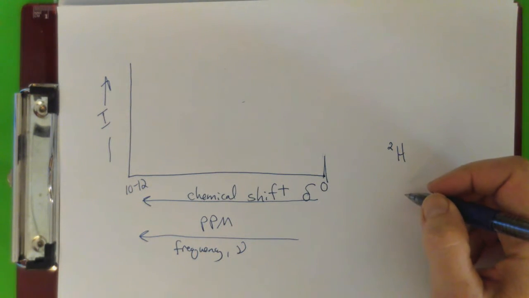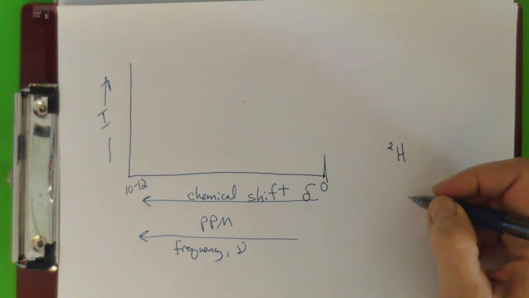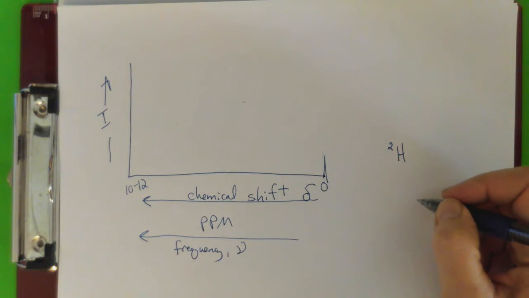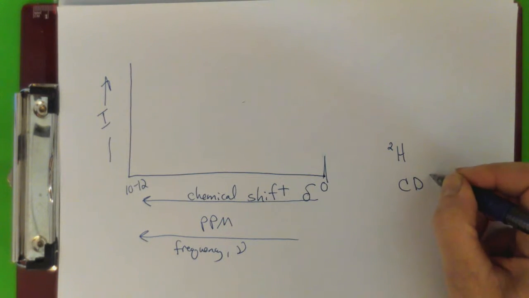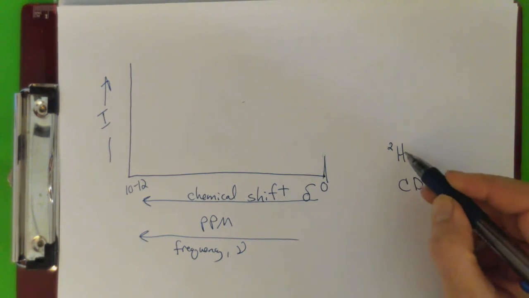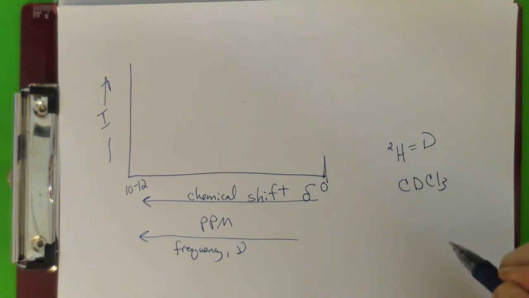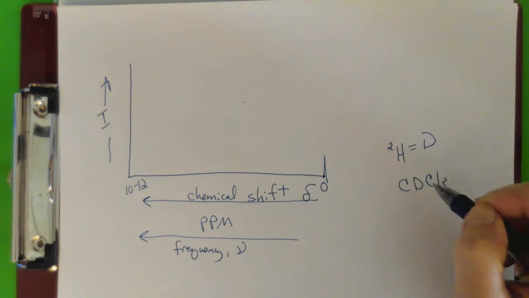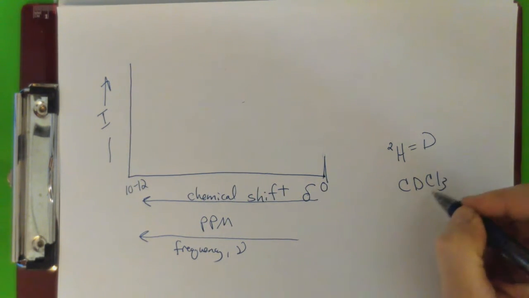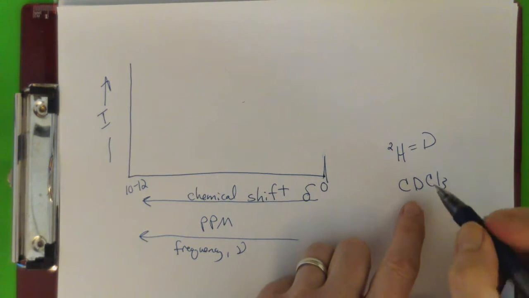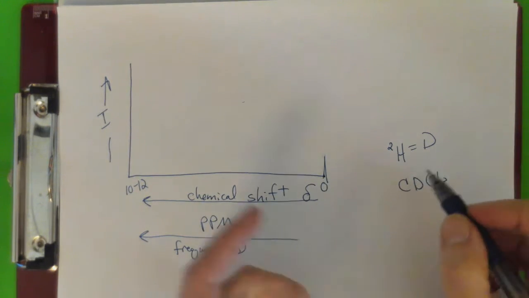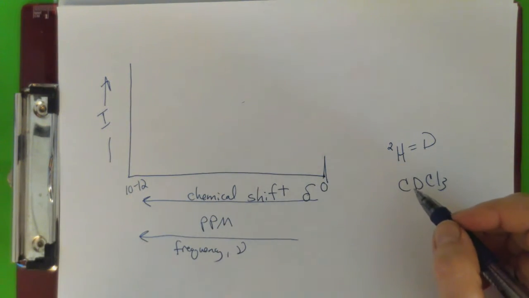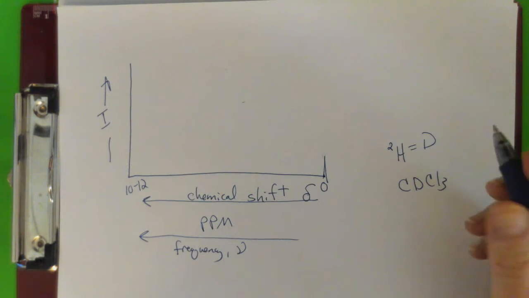Usually we'll use something like deuterated chloroform, so that's CDCl3. Remember, D is the same thing as deuterium. And so you use a deuterated solvent to dissolve your compound so that you don't have protons from the solvent overlapping with protons in the compound you're interested in.